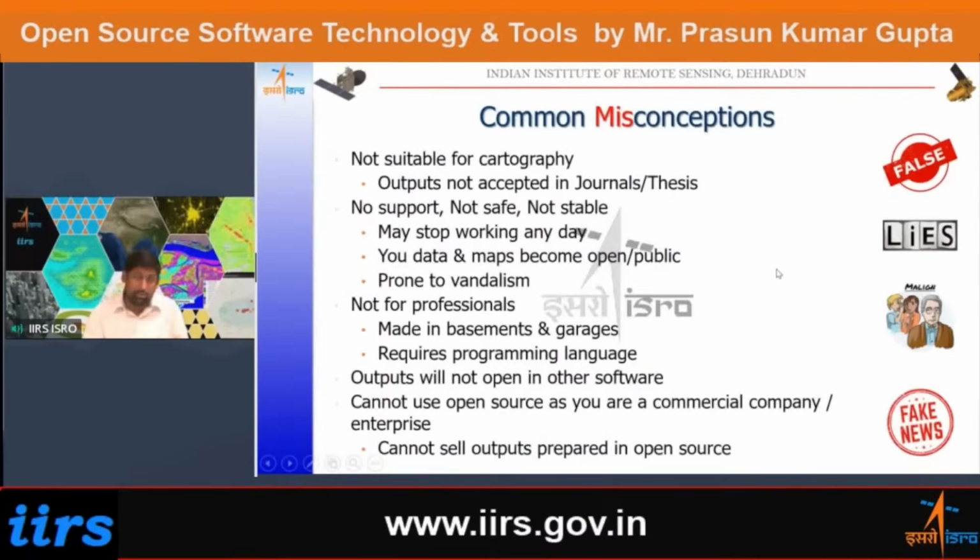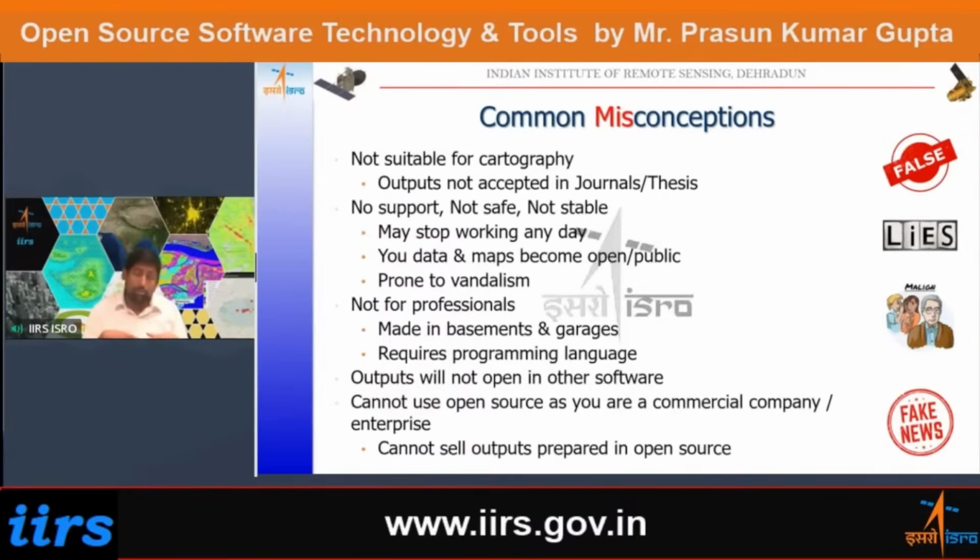Finally, I would like to tell about some of the misconceptions that are there around using open source software. Some people say that it is not suitable for cartography, that the outputs they make, like the maps and all, are not accepted in journals or theses. This is completely false.